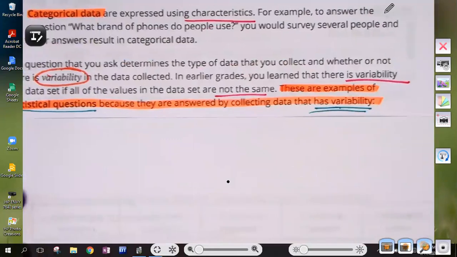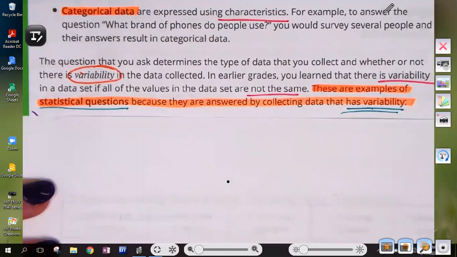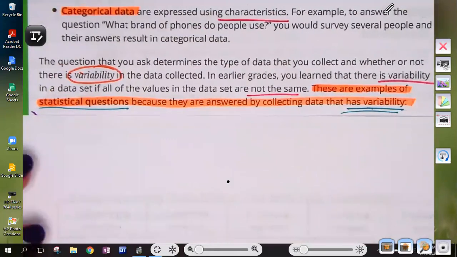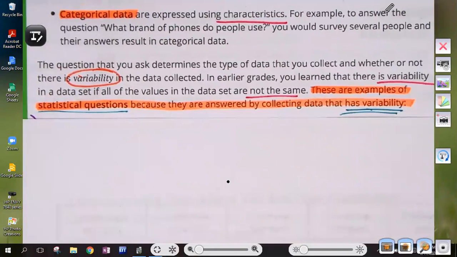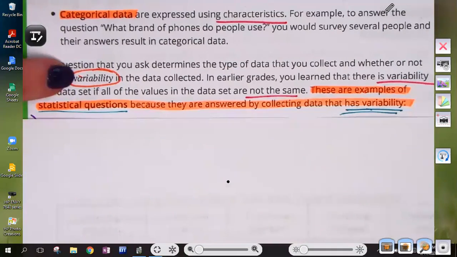Then it says the question that you ask determines the type of data that you collect and whether or not there is variability. That's that word, like a variety. Variability means that it's changing. I circled it because that's an important word to know.